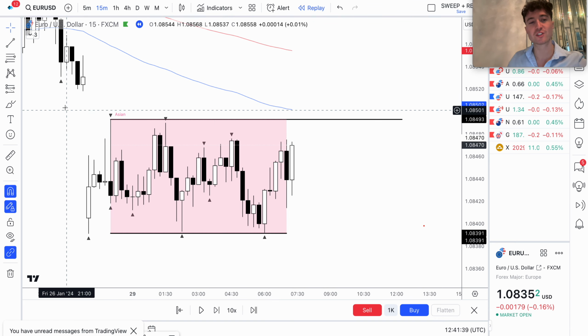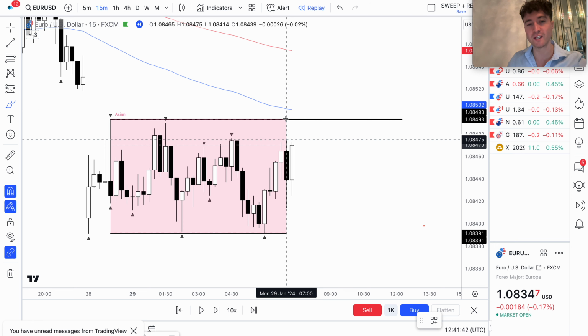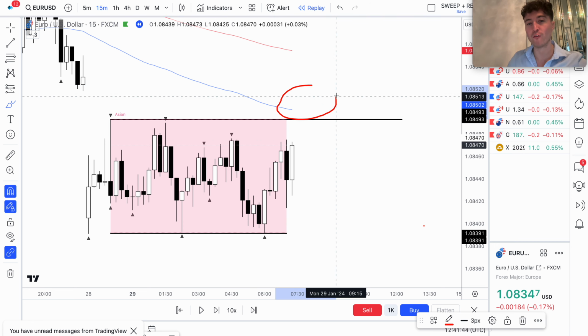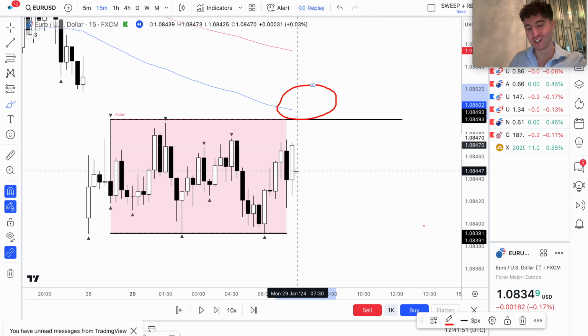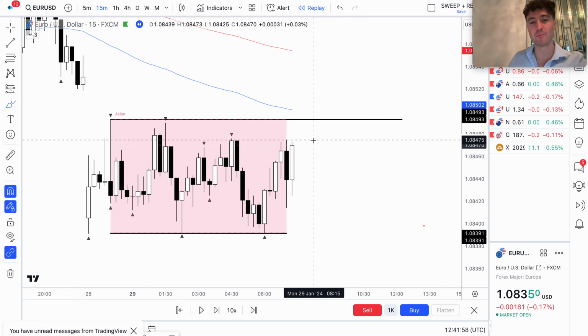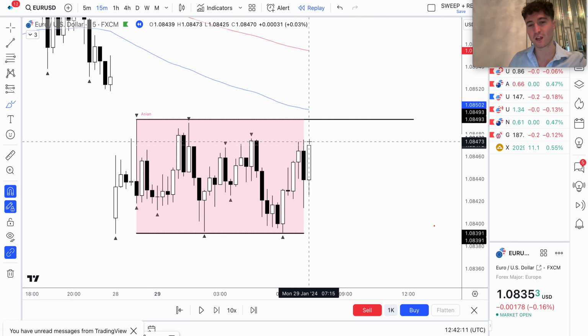Therefore, what we understand is there is a lot of liquidity resting above the Asian high. A lot of retail traders, I understand we are retail, but what I mean is people that trade very retail concepts, they may understand market direction. For example, you might understand that this market's more likely to go to the downside, which is a statement that most people probably know when you zoom out.